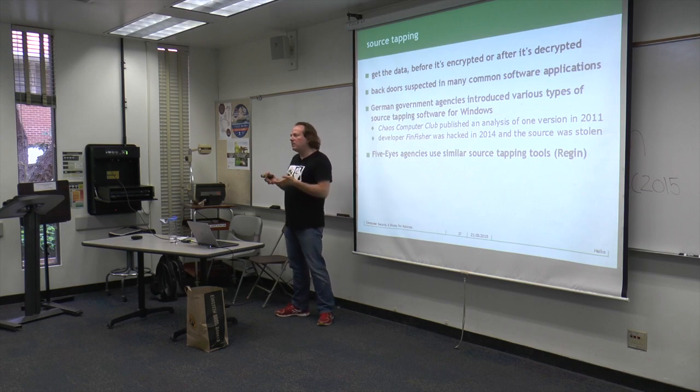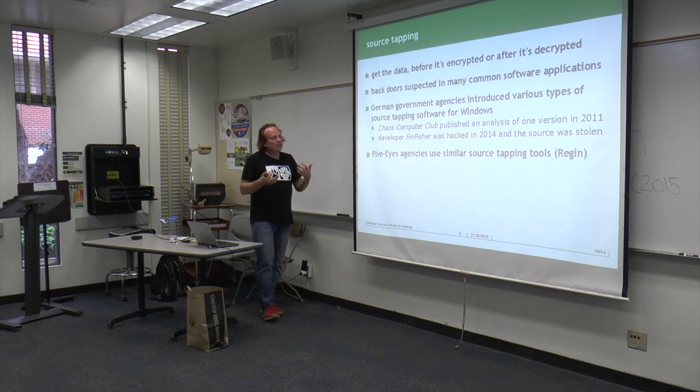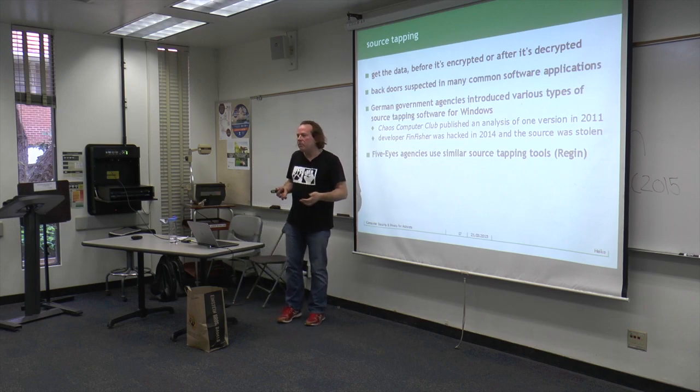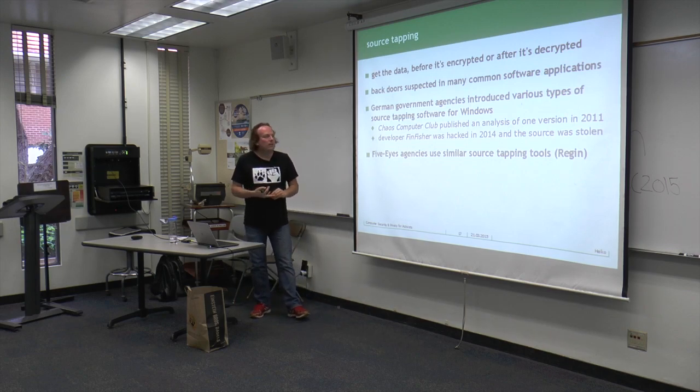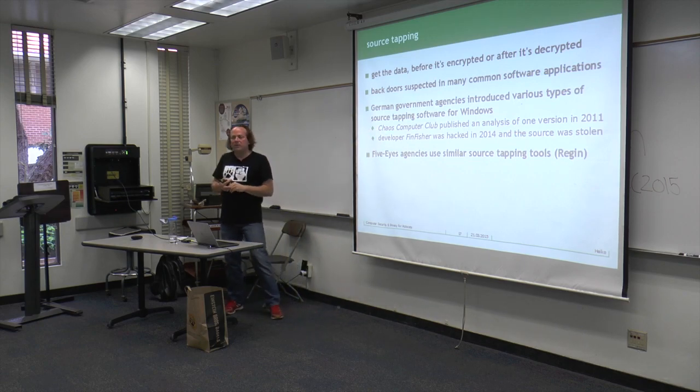So now even the source of the spy trojan software is available. It's obvious that this kind of software has been used by government agencies, and something that the German government is doing, definitely a lot of other governments are doing as well.